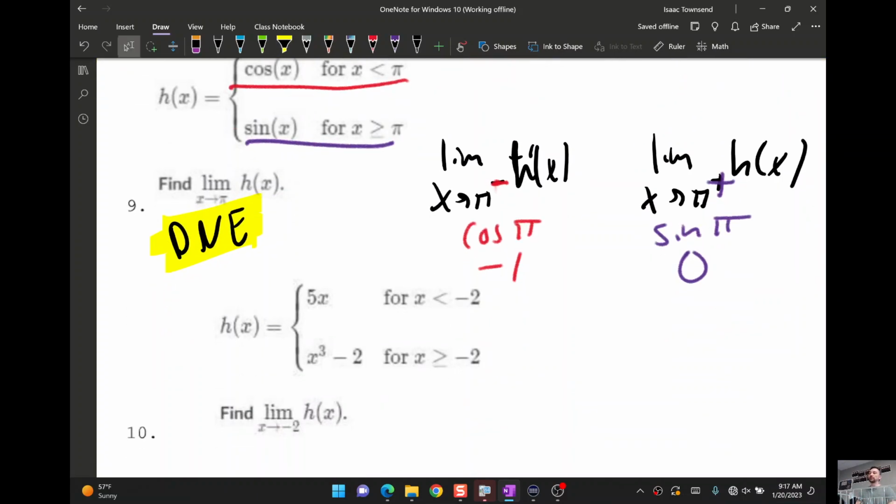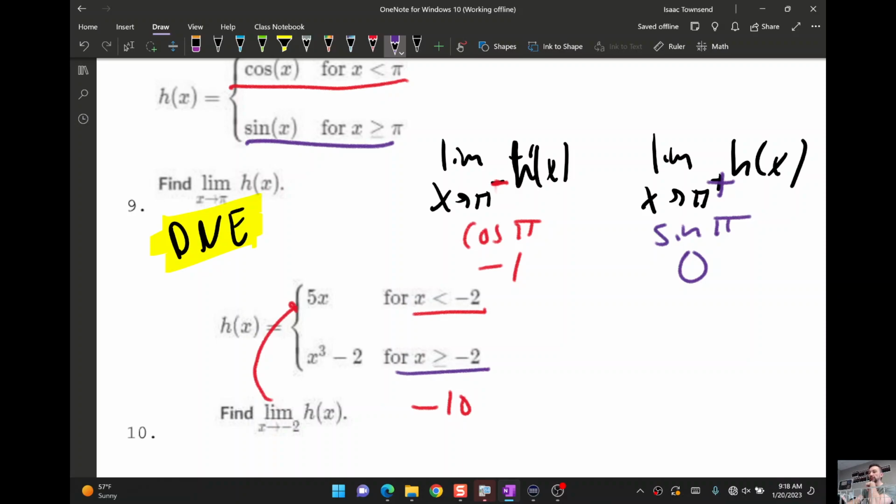Okay, two more together, and then I'm going to chunk the last of the others on the other page in groups for you to try to make sure that you have got those. Okay, so this is when x is less than -2. So I would plug it into this if I wanted to know as x approaches -2 from the left. And this is when x is greater than -2.